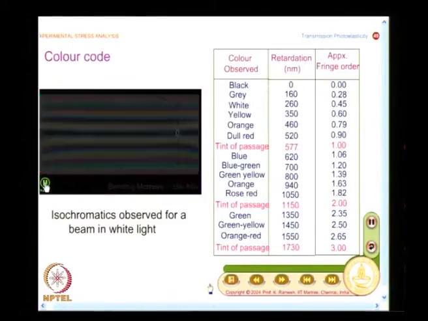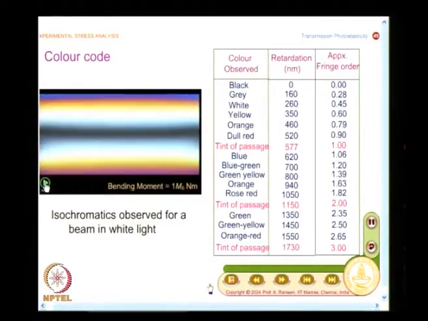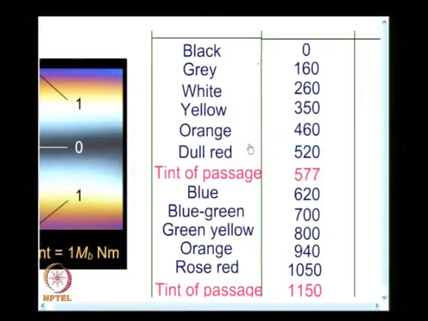So, what I am going to do is have the 0th fringe order, and then we will see some of these colors closely. So, I have black, gray, white, yellow, orange, then dull red and tint of passage. You see here I have black, I have gray, and then I have white, I have a tinge of yellow, I see orange, I see dull red.